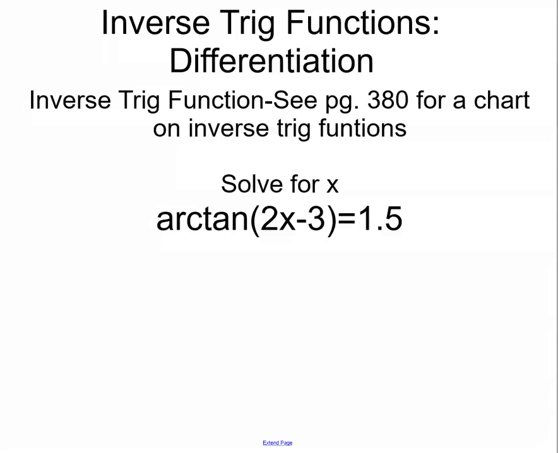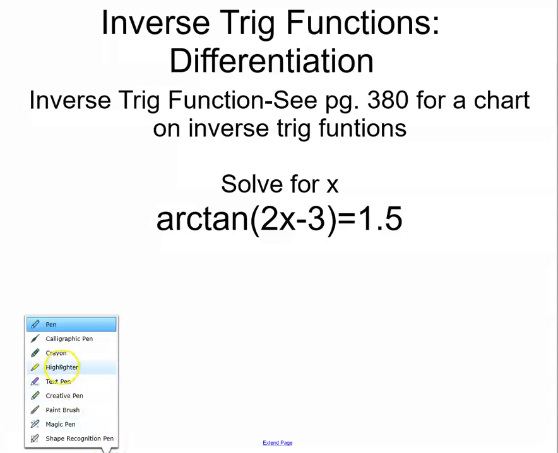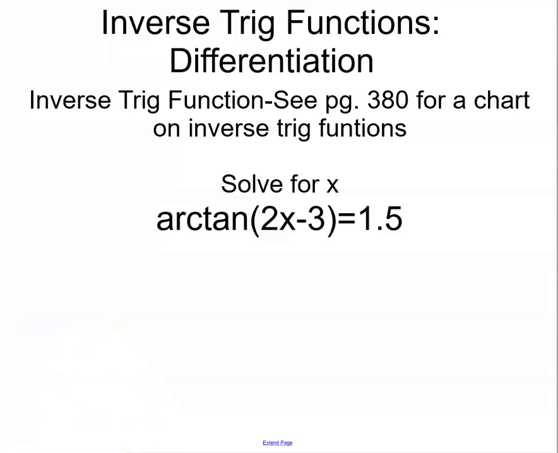Okay, so looking at solving this first equation, remember that our inverse trig functions are our way of undoing trig functions. So for solving an inverse trig function, anytime we're solving equations, we always try and use those inverse operations to counteract, to work backwards.